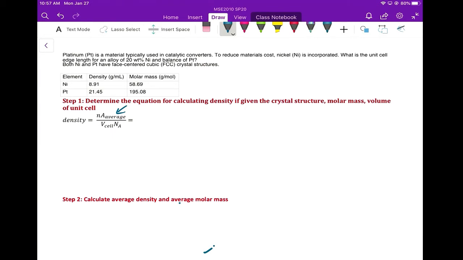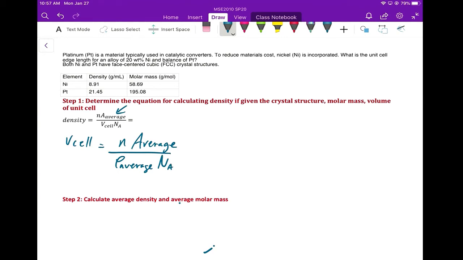So we can rewrite this as V cell, the volume of the unit cell, is just the number of atoms in that unit cell times the average molar mass that we have to solve for, divided by the density, but the density is just going to be the average density of this 20 weight% nickel platinum alloy, times Avogadro's number.